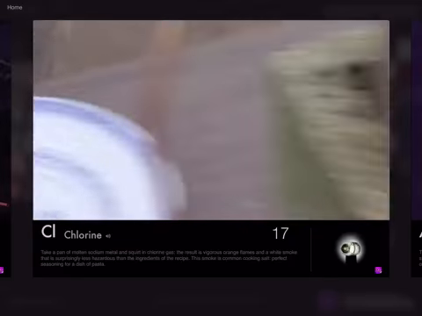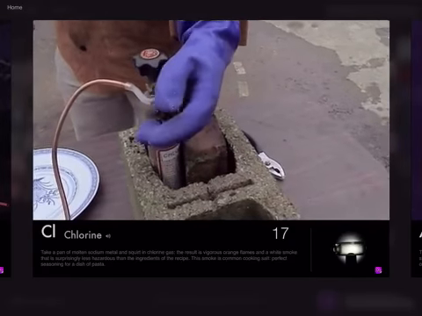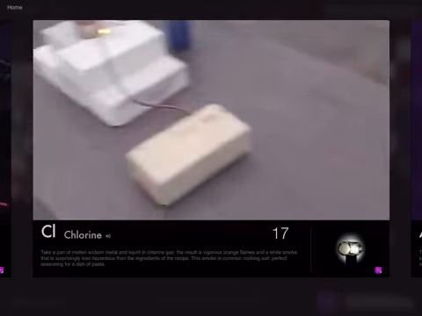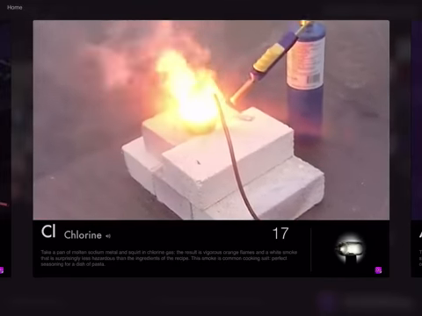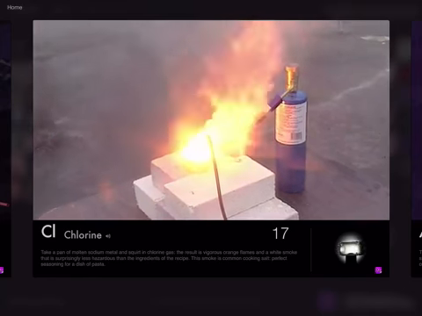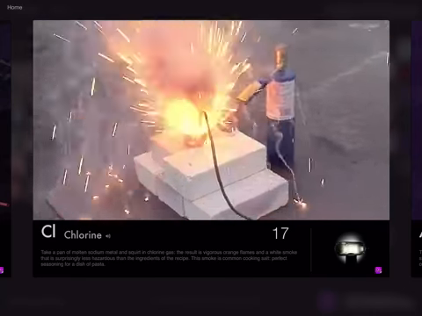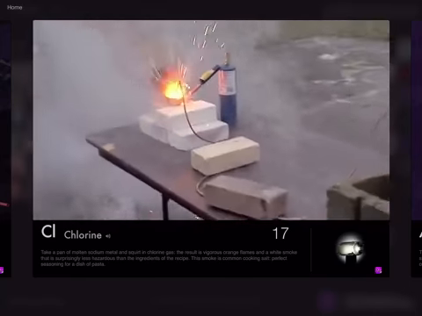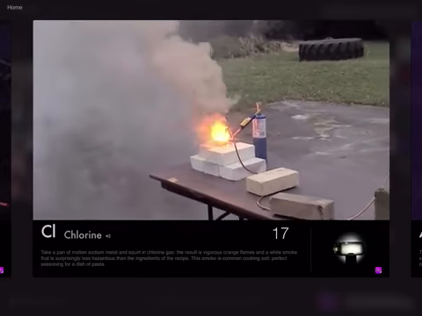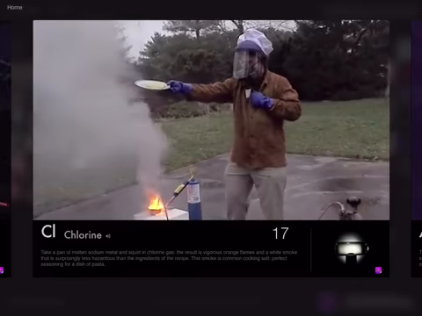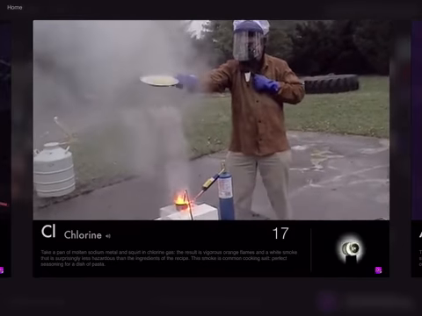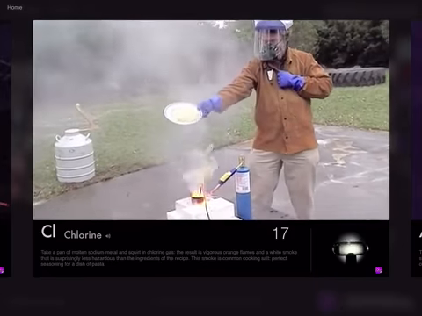So that's chlorine gas. This guy's insane, by the way. That's some eggs or something there. So that's how he's putting salt on his food.